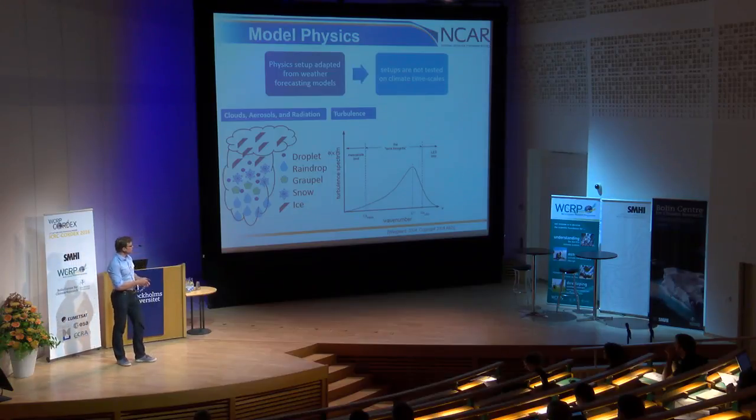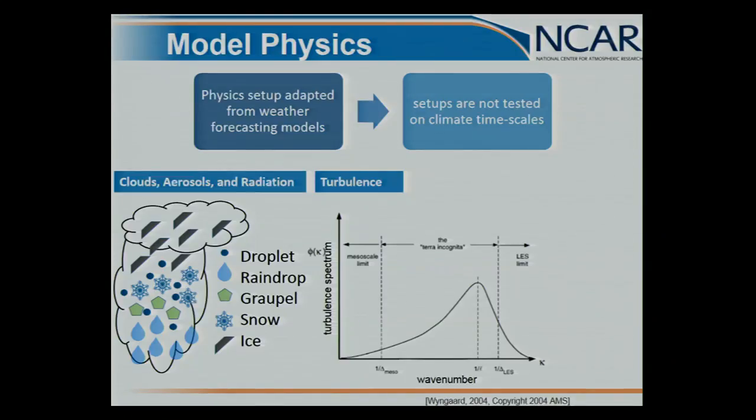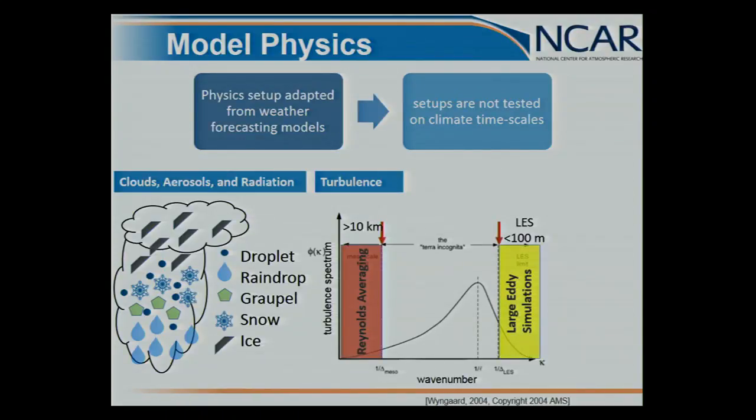So this is the turbulence kinetic energy spectra. For turbulence, we have basically 2 different theories. One theory for the very large scales, where we use Reynolds averaging in our traditional climate models, and another one for the very small scales below 100 meters, which is large eddy simulations, where you simply resolve the kinetic energy.